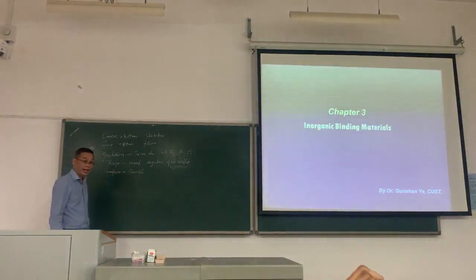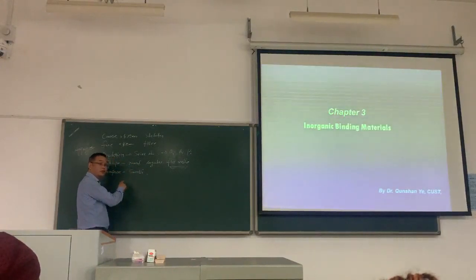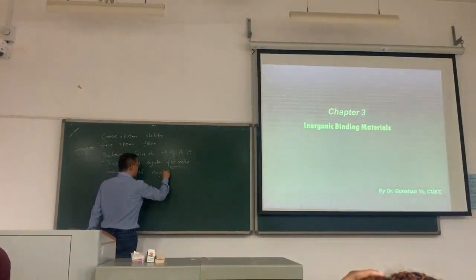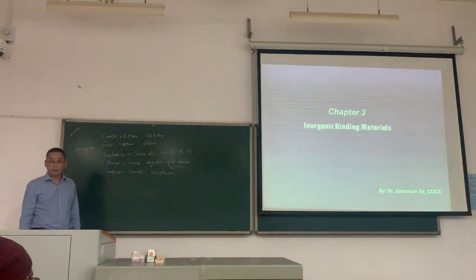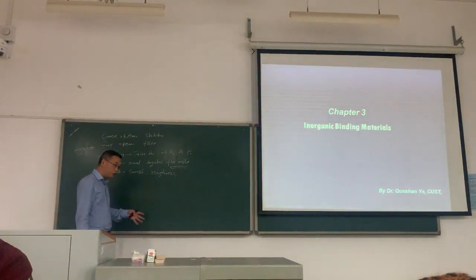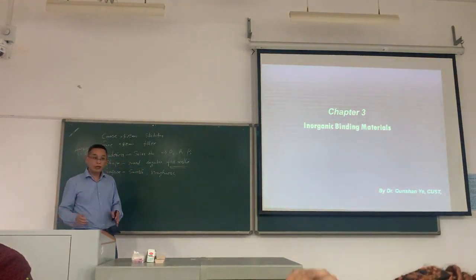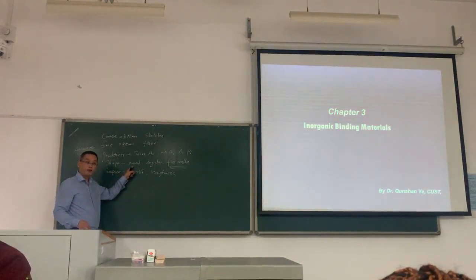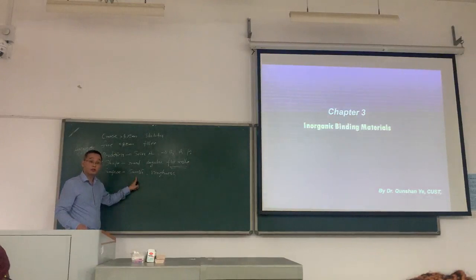Smooth. And then another kind of surface is roughness. So for the crushed stone or the natural stone, maybe for the natural stone, the shape of it is round and the surface is smooth.